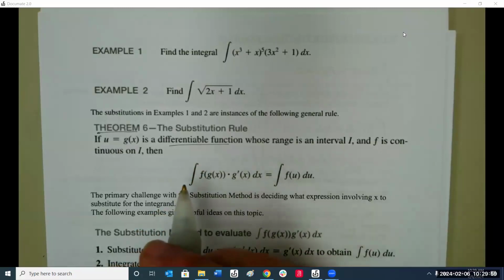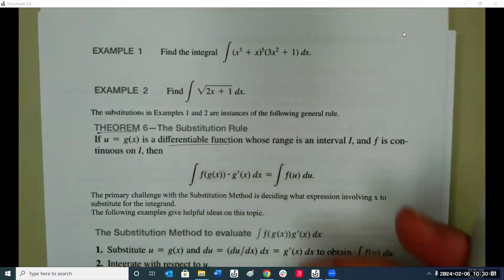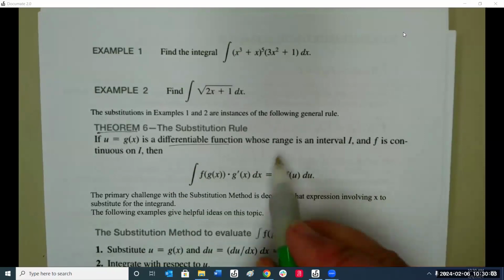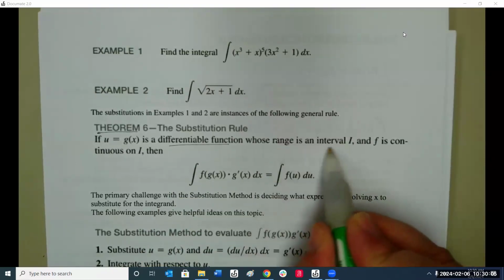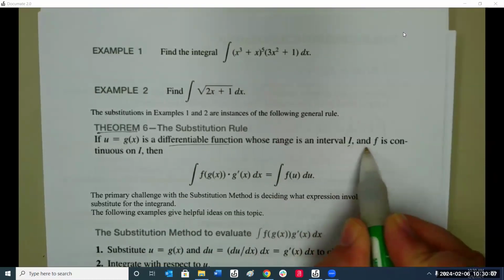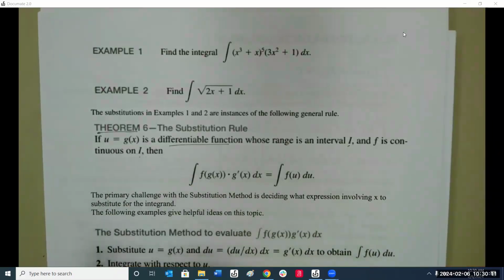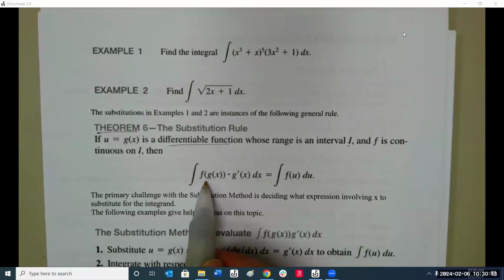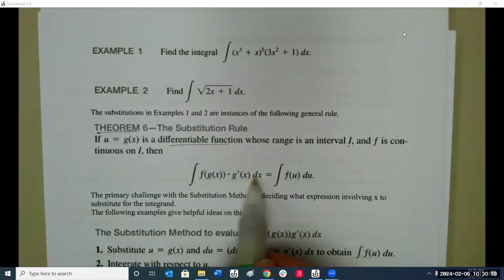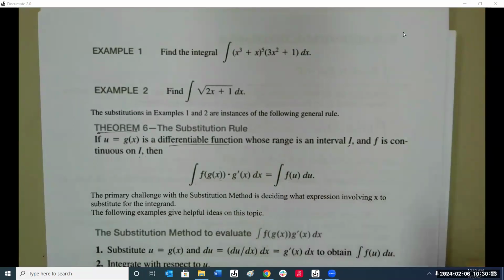It's continuous, all the points exist in the domain, whose range is an interval I, and f is a continuous function on I. Then the integral of f of g of x times g prime of x dx equals the integral of f of u. What does all that stuff mean?